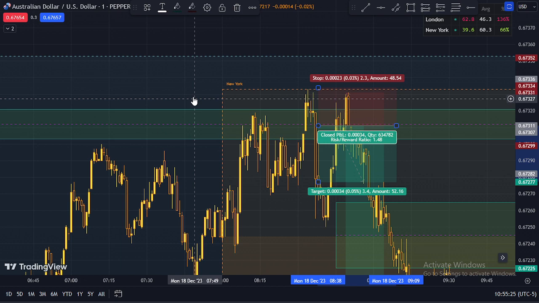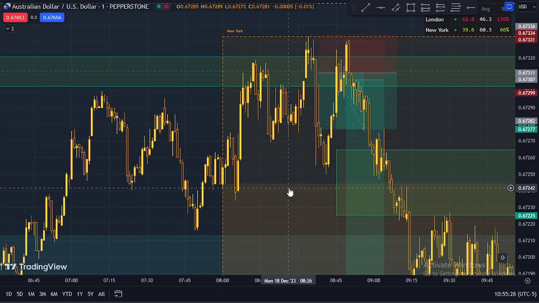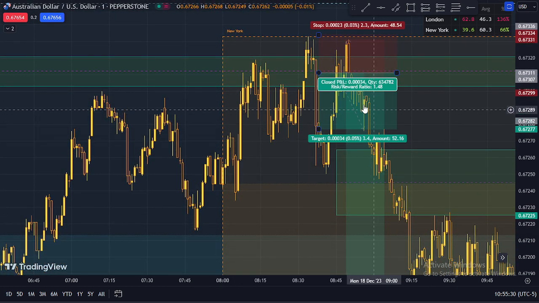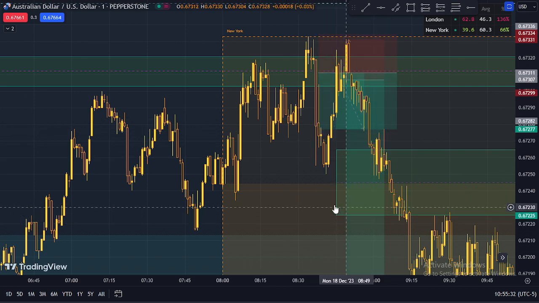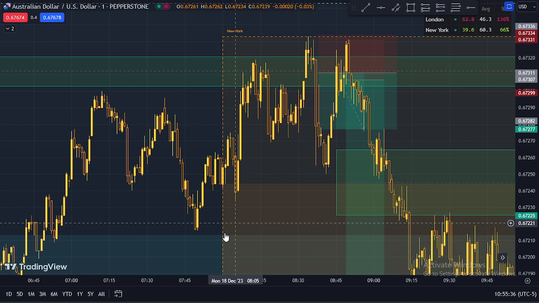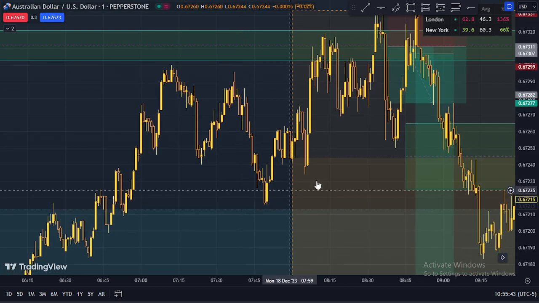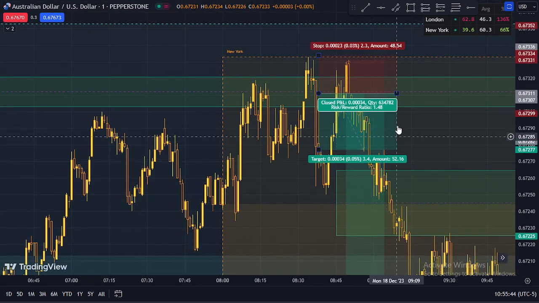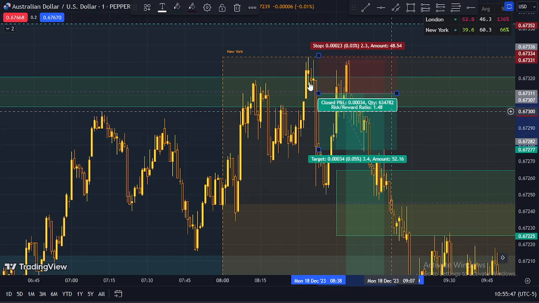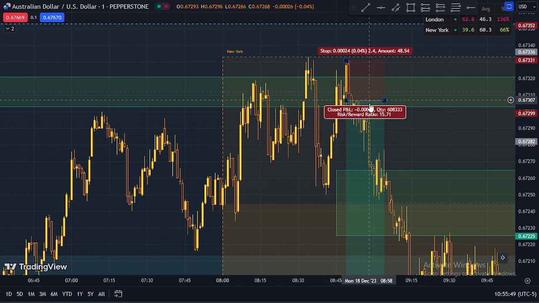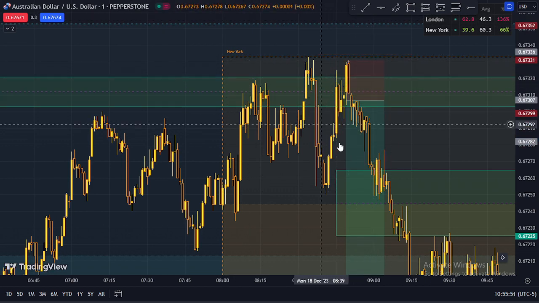The stop should be there above that high, and then you place your TPs, and also you know where to take your partials, right below these lows, this one, these lows. So those are places where you should be taking off something to pay yourself. So we had that. So this was that.